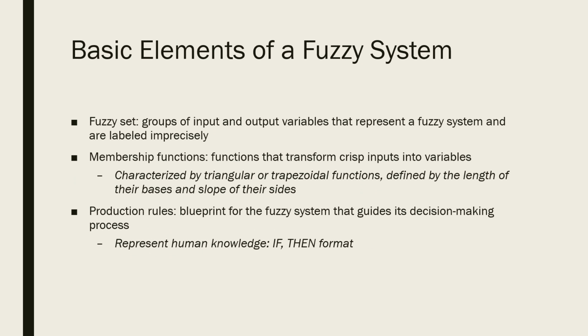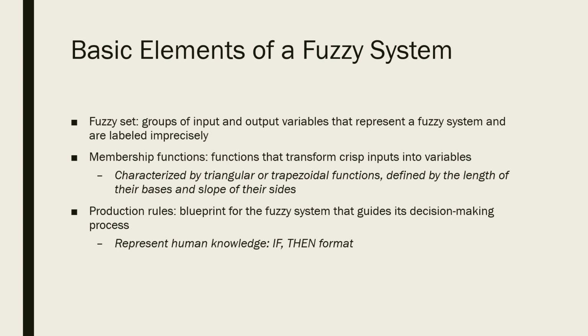There are three basic elements of a fuzzy logic system. The first element is a fuzzy set, which are groups of input and output variables that represent a fuzzy system. Next, we have membership functions, which describe the degree to which an element belongs in a set, with 0 being completely not a member, 1 being completely a member, and anything between 0 and 1 being partially a member.